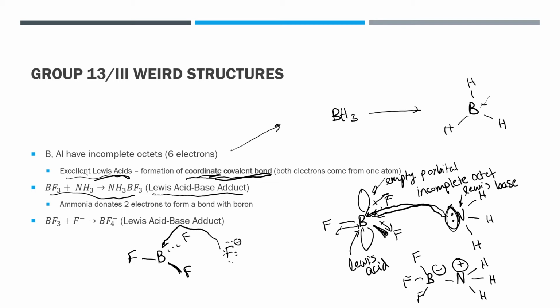So we have this attacking mechanism that happens. And then we form our BF4, and this has a negative charge, right? So hopefully this made sense with Lewis acid base adducts and why stuff with incomplete octets are going to be very, very good Lewis acids, because they want to accept electrons to get an octet, right?